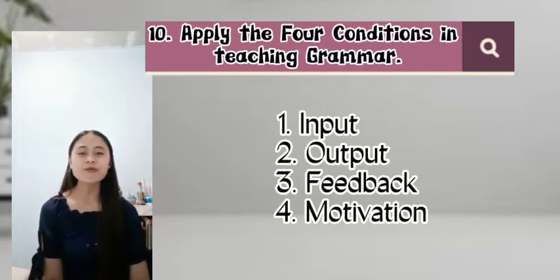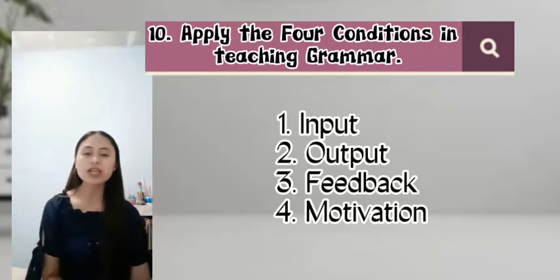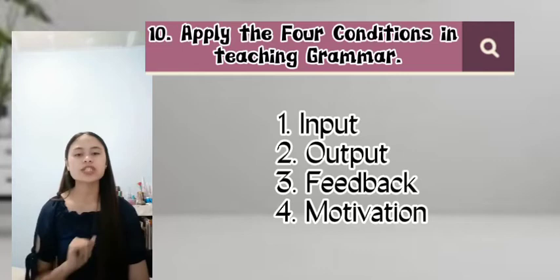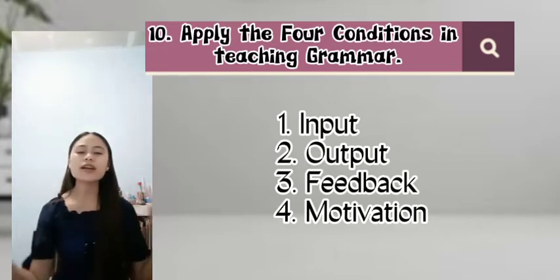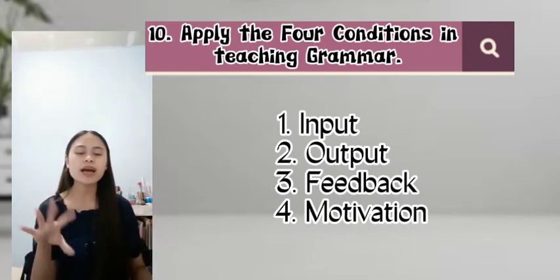But if we apply open-ended questions, this will help students find solutions to their questions. And also, there are a lot of motivations depending on the teachers themselves, on how they would handle their students. So that's 10 ways on how to teach grammar effectively.